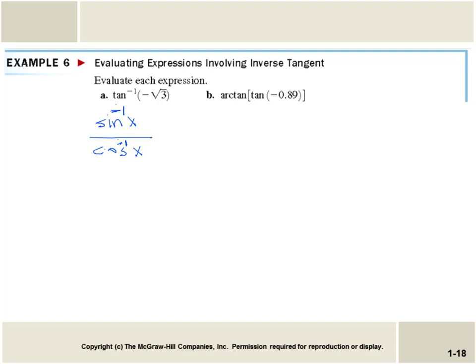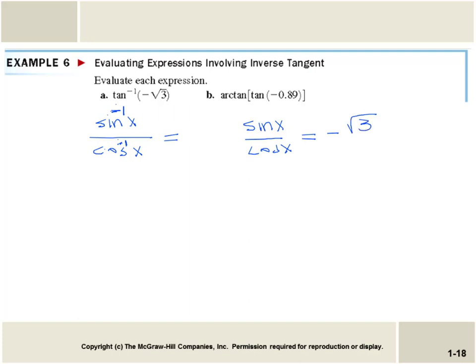Okay, so we want to know when the sine of x over cosine of x is equal to minus the square root of 3.